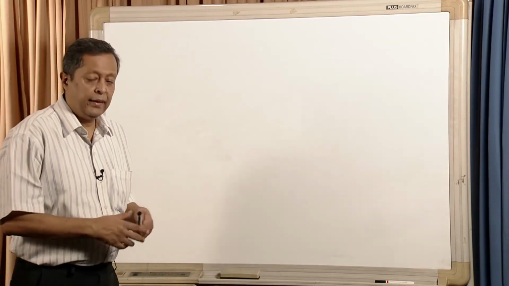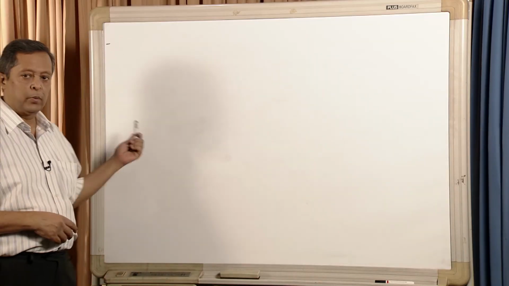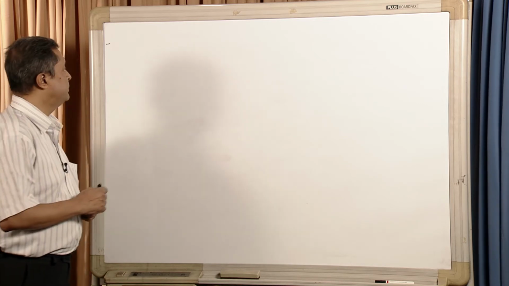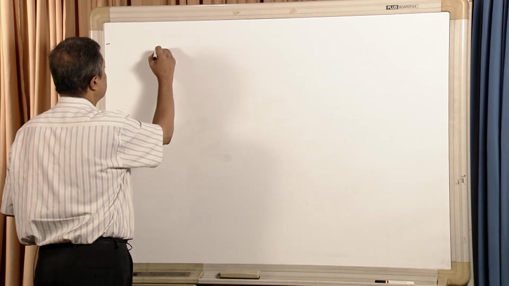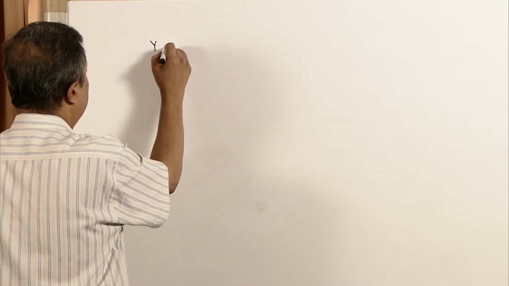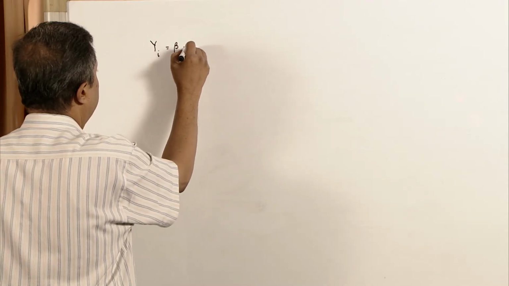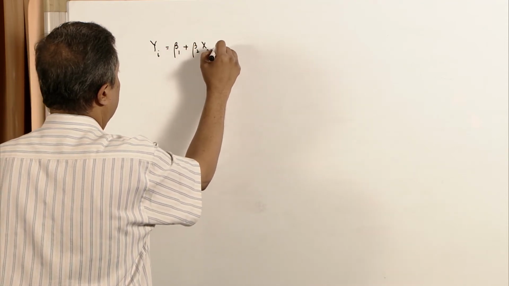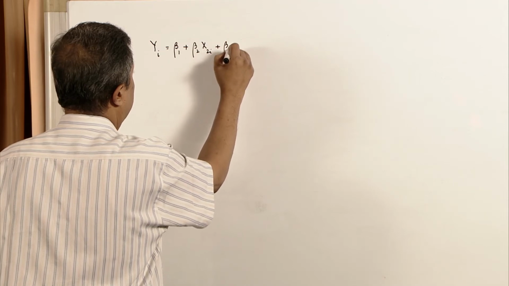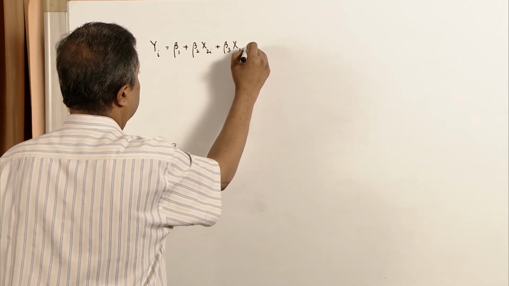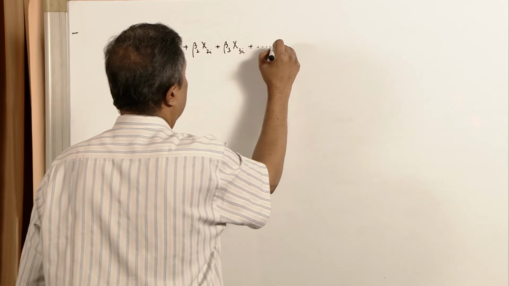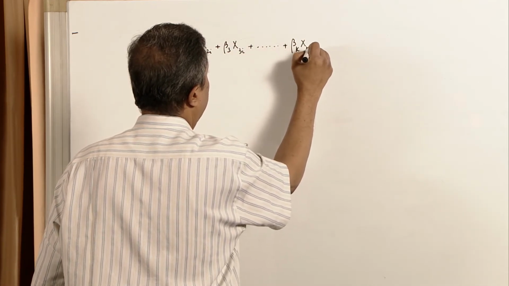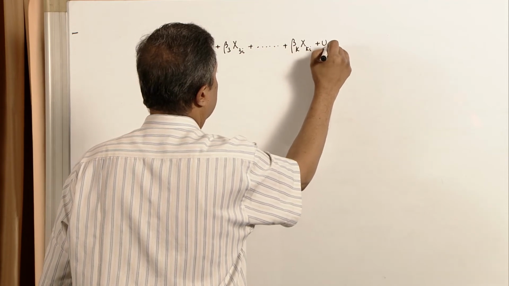Students, let us now generalize this approach to the k variable model with a very interesting example. So, our model is y i is equal to beta 1 plus beta 2 x 2 i plus beta 3 x 3 i plus up to beta k x k i plus u i.